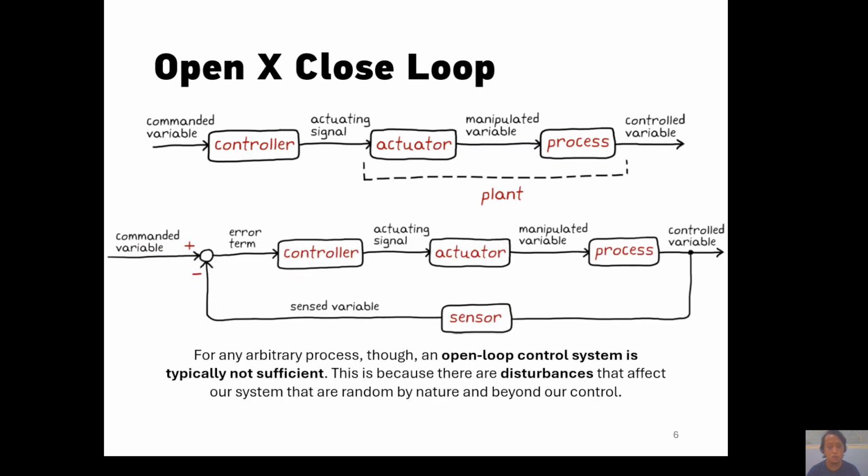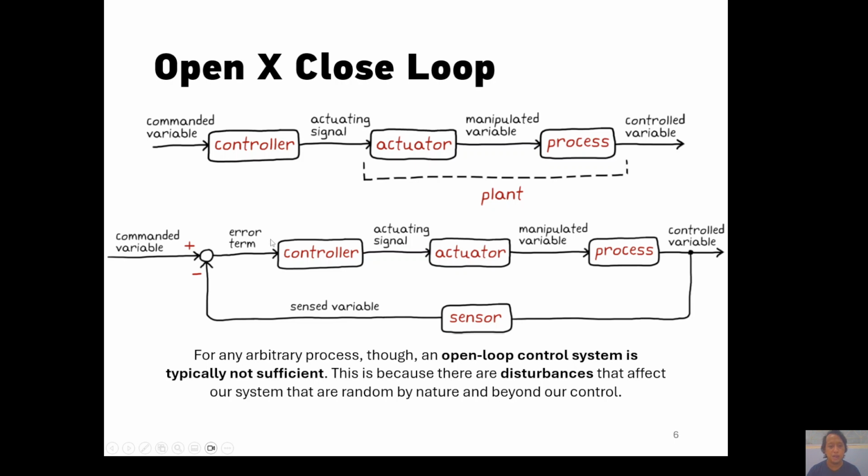And for the closed loop system, the difference between open loop and closed loop is mainly in the feedback. For an arbitrary process, an open loop control system is typically not sufficient. This is because there are disturbances that affect our system that are random by nature and beyond our control.